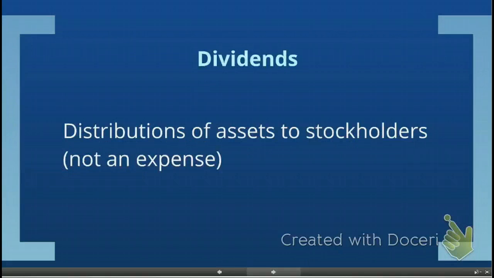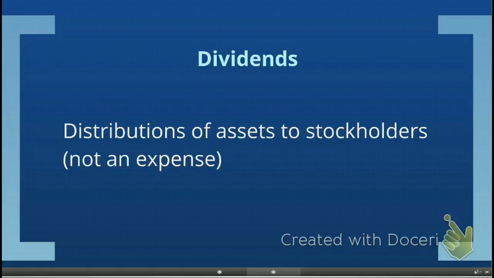The third element of retained earnings is dividends. Dividends are defined as distributions of assets to stockholders. You need to remember that this is not an expense. Dividends are something completely different. Some companies, when they're successful, start giving back some cash to investors as a return on their investment. So let's say that you go and buy 100 shares of Walmart.